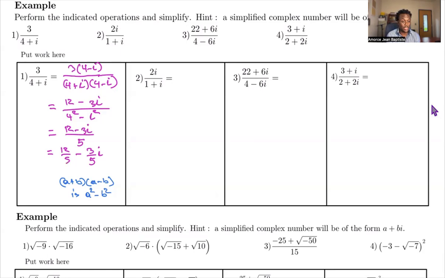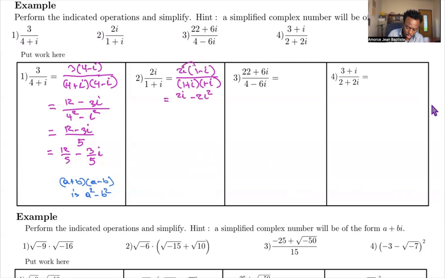All right, so next example here. Multiply 2i over 1 plus i by 1 minus i, which is the conjugate. So 2i times 1 minus i, over 1 plus i times 1 minus i, which is a plus b times a minus b. That equals 2i minus 2i squared, right?